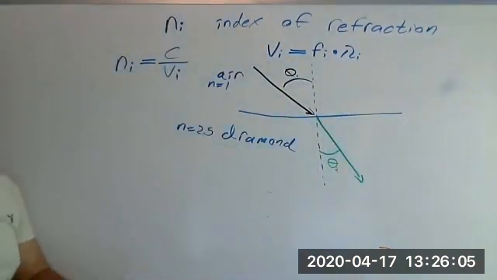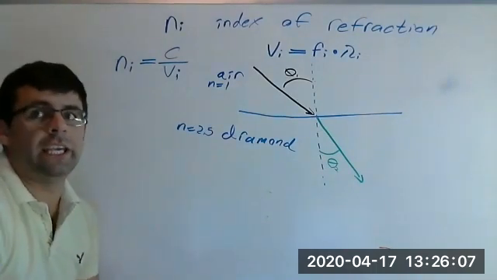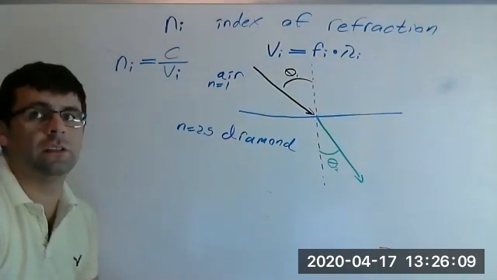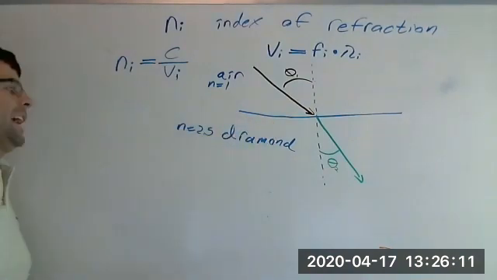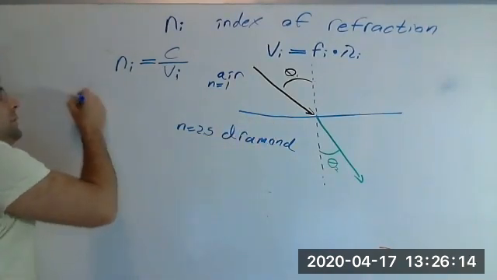So say light hits a diamond at 45 degrees.